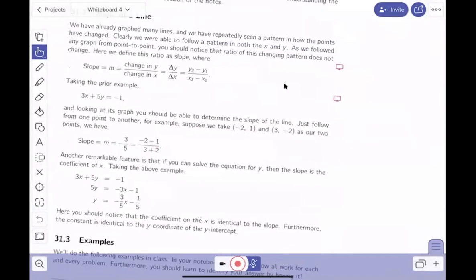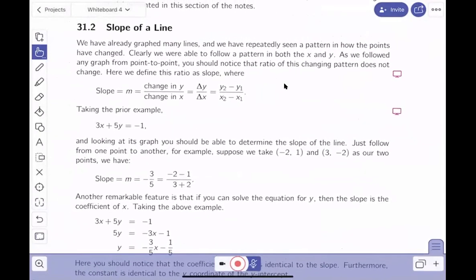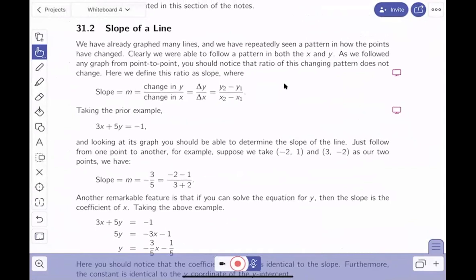Okay. And this is critical that you know slope is being defined a certain way. And again, when I say it's defined a certain way, you'd have to know how they would define slope for a line. All right, so let's talk about this. We're talking about the slope of a line.